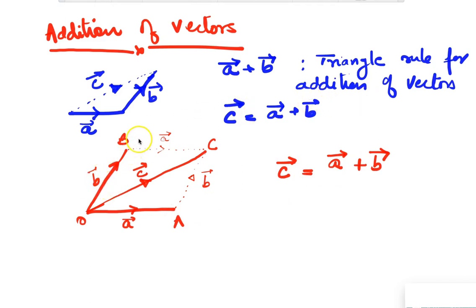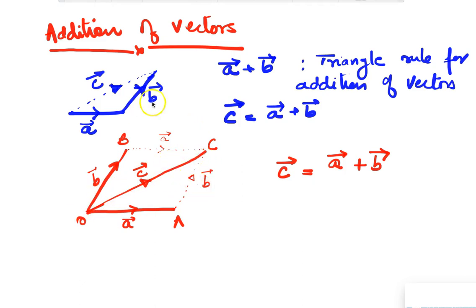So if you assume it is a free vector, you can easily move B vector, instead of starting from origin O, to starting from point A, and then OAC becomes a triangle. So vector A plus vector B is the same as vector C, right?